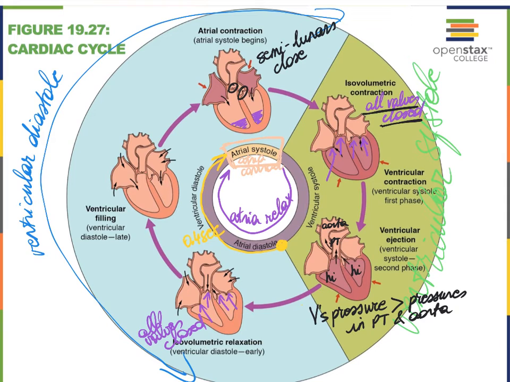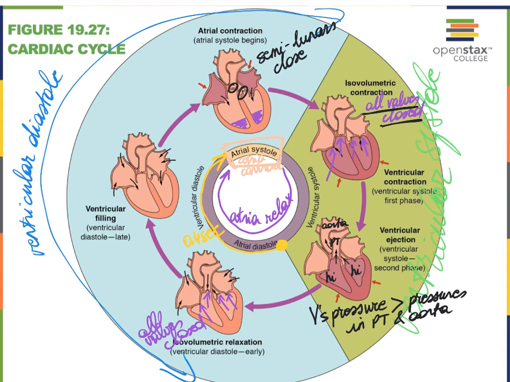And consequently, the pressure in our ventricles starts to drop. So now we're going to see that the pressure within the ventricles is going to turn to a pressure that is lower. The V pressure is now lower than the pressure in the blood vessels, in the aorta and the pulmonary trunk. In which direction is the blood going to want to go now? Well, it's going to want to go backwards in the aorta and the pulmonary trunk.